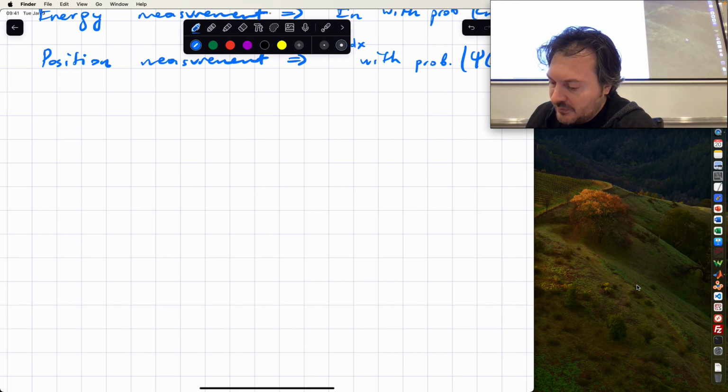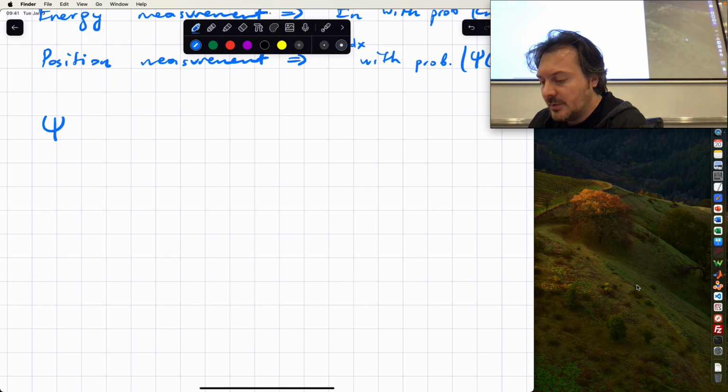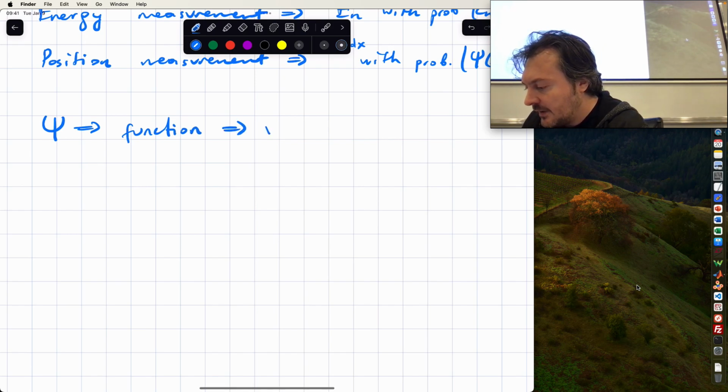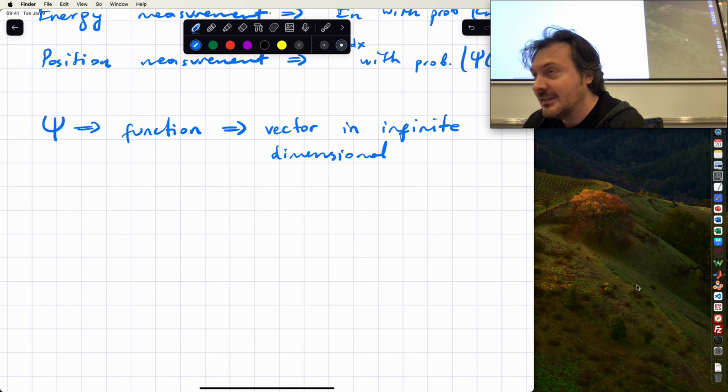It's all about projections. Vectors and projections. So, when you have psi, remember it's a function, and remember that function was a vector in infinite dimensional space, but not this space, not x, y, z.